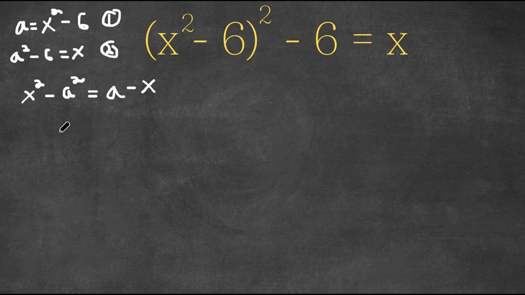So if we have something in the form m squared minus n squared, this can also be written as m plus n times m minus n.